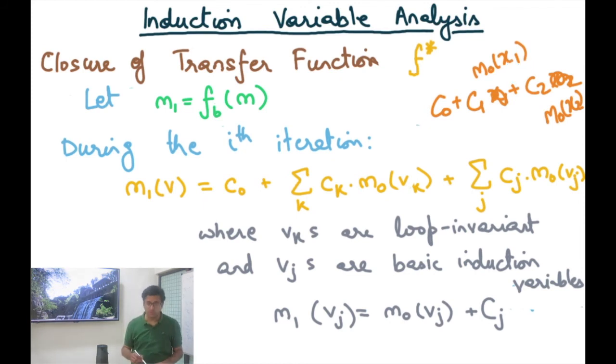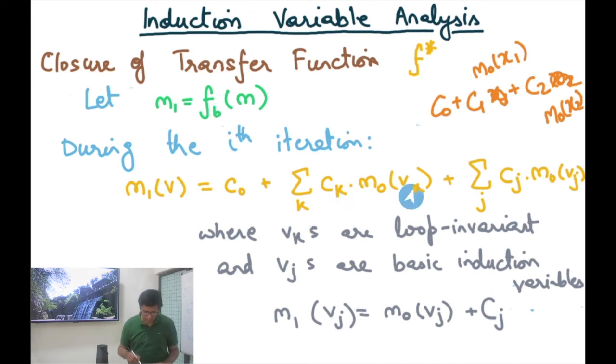Based on that, you would have identified the transfer function for a loop body in some form like this. For example, c0 plus 2 into m0 x1 plus 3 into m0 x2 and so on. I'm representing that as c0 plus summation over k of ck m0 vk, where v is some variable, c is some constant, and I'm summing over k.